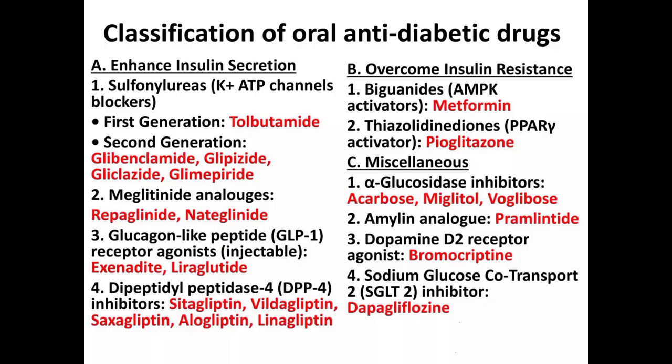First, the class of drugs which enhance the insulin secretion. Then the second was the drugs which overcome the insulin resistance. Then we will study in depth about these classes of drugs, mechanism of action, adverse effects, pharmacokinetic study, and other uses of these drugs. Now moving on to the next slide.